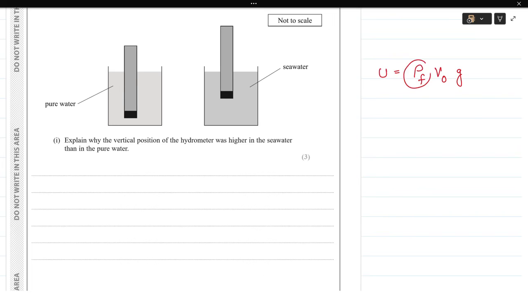Now, if the density of the fluid increases, that means the upthrust is also going to increase. Why? Because upthrust is directly proportional to the density of the fluid. Therefore, since the density of seawater is greater than pure water, a smaller amount of fluid needs to be displaced to provide the same amount of upthrust that pure water would have provided.